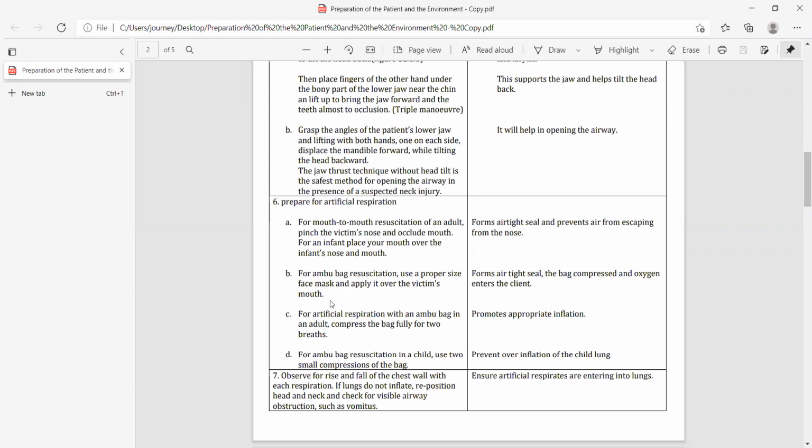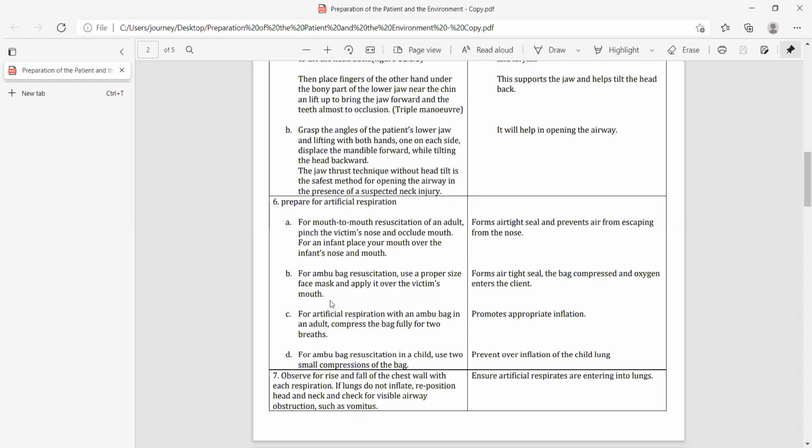Because in the Ambu bag, the face mask attaches, and I explained that part too. That mask is a different size for every child and every person. It will depend. So for Ambu bag resuscitation, we have to use a proper size face mask. When you use a proper size face mask, only then can the resuscitation be successful. Otherwise, if the size is improper or it is too tight or whatever it is, that will not work.